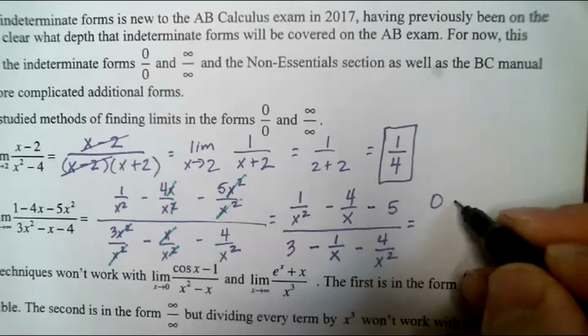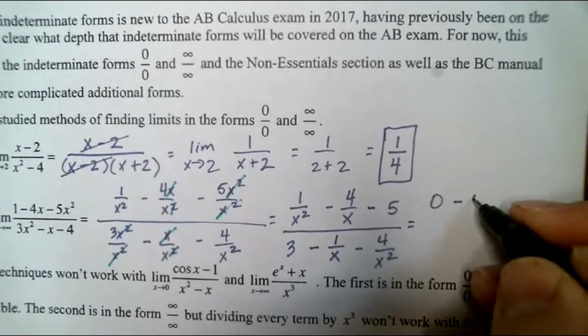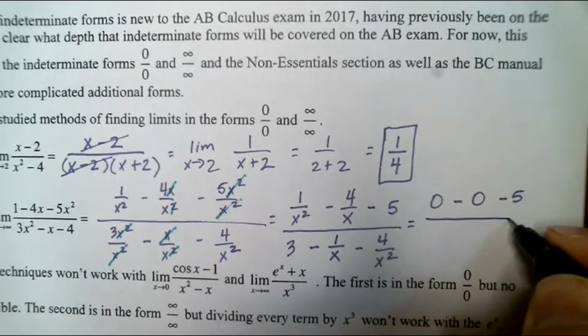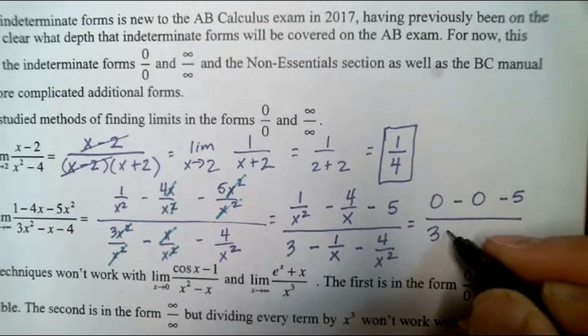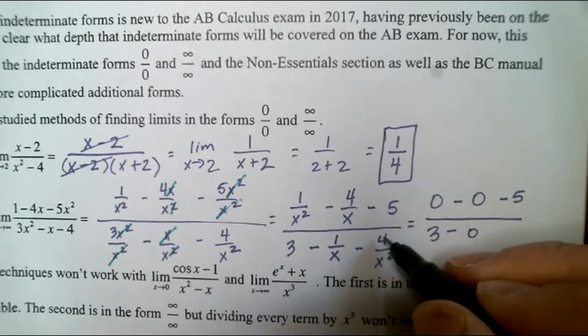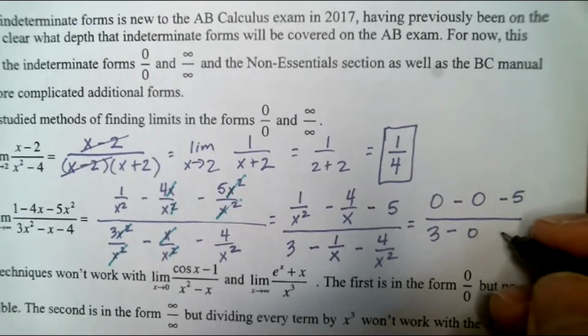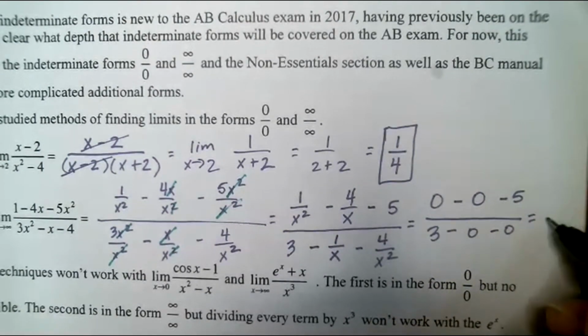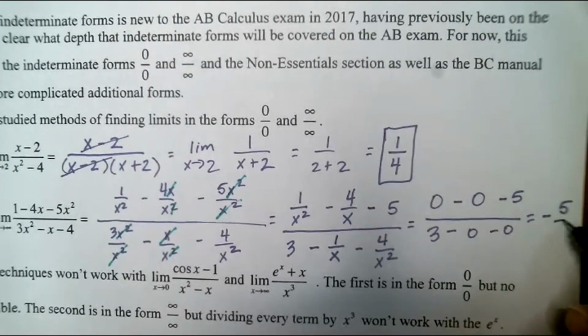Minus 4 over infinity would be 0. And then just minus 5, all over 3 minus 1 over infinity is 0. Negative 4 over infinity squared would be minus 0. So then that takes me to negative 5 over 3.